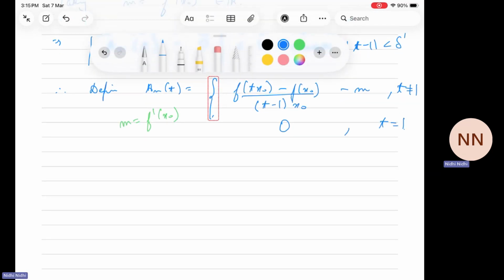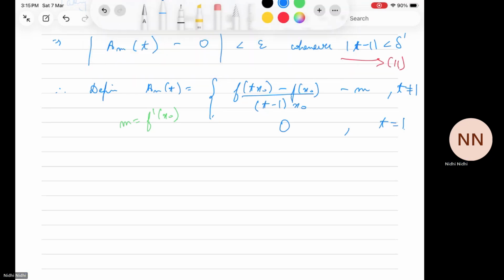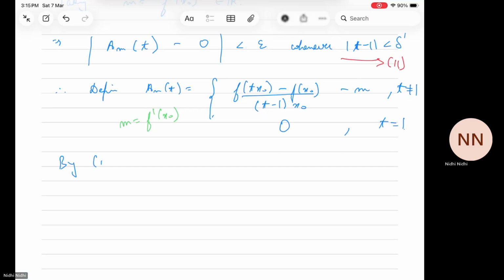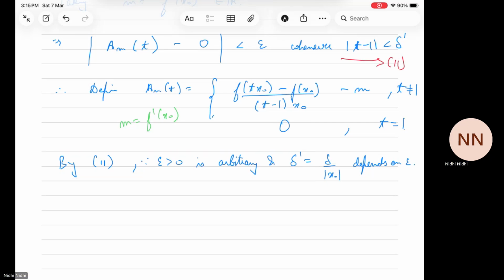So this, if I mark this equation as 2, since epsilon positive is arbitrary and delta prime equals to delta by mod x naught depends on epsilon, we get limit t tending to 1 A_m(t) equals to A_m(1).